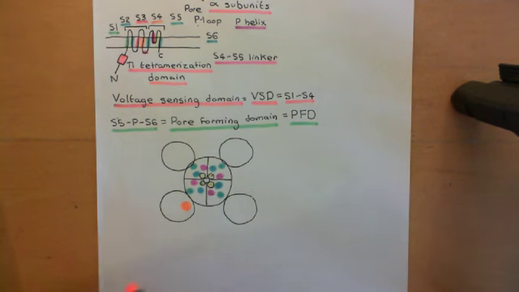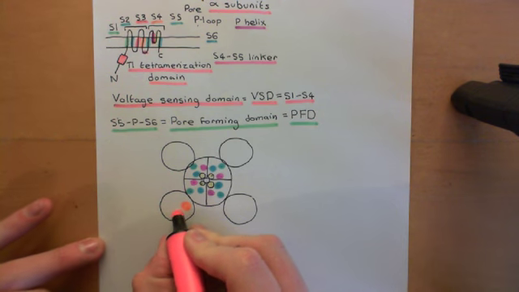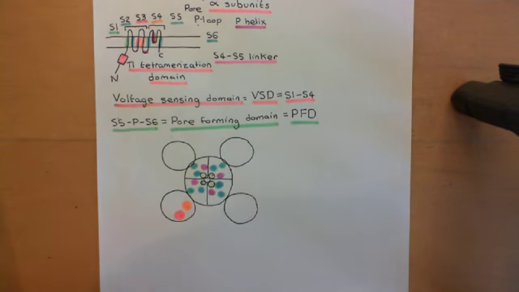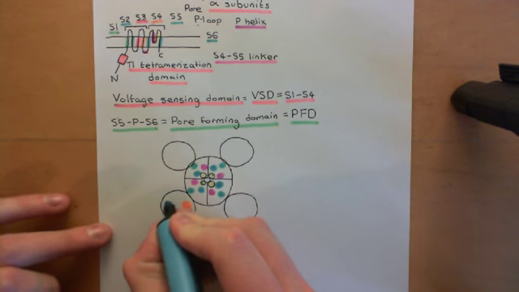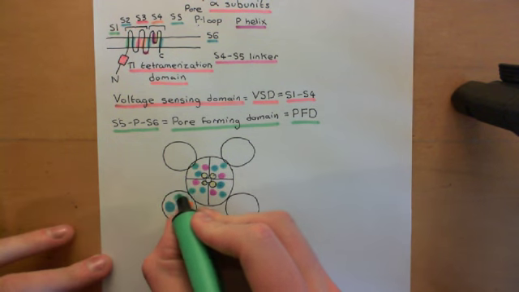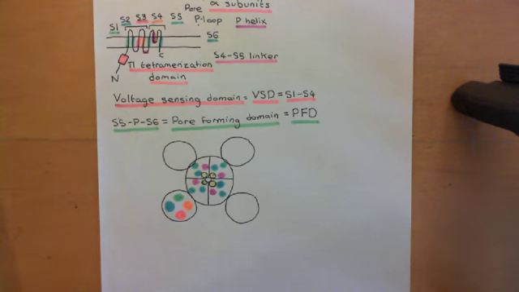So there's S4, here is S3 in red, then we have S2 here in blue, and then we have S1 here in green. I'm saying that this voltage sensing domain corresponds to this pore-forming domain, so this and this is a single alpha subunit of a voltage-gated potassium channel.